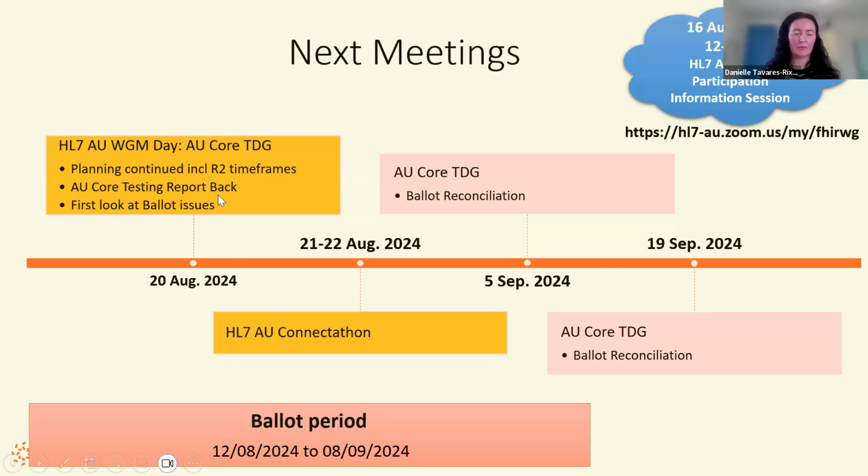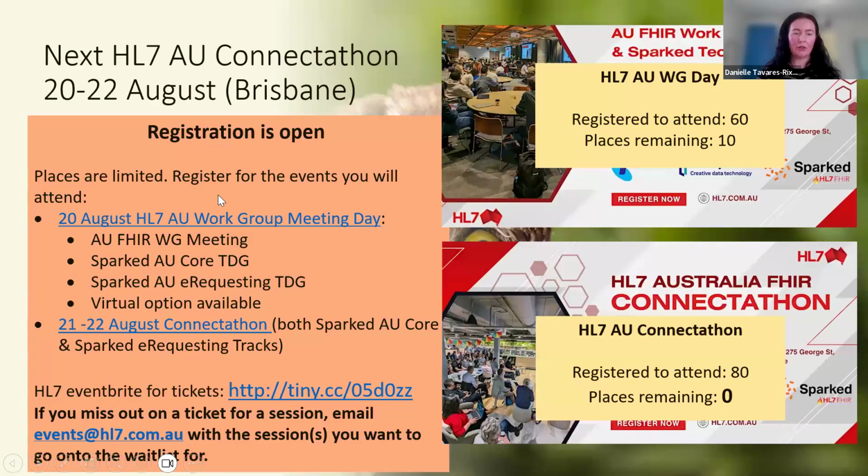All right. Sounds good. So I'm going to cover just this bit on signups. Registration's been open for a while. I've still got the tiny URL down the bottom on where you go to see all HL7 events and get tickets. But I'm going to note here that Connectathon is fully booked out now.